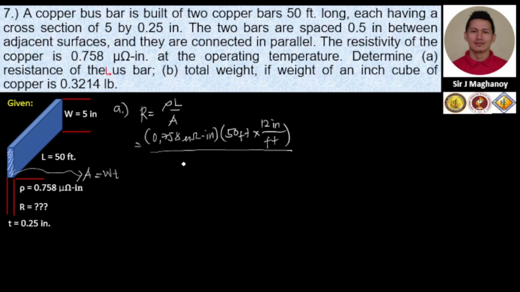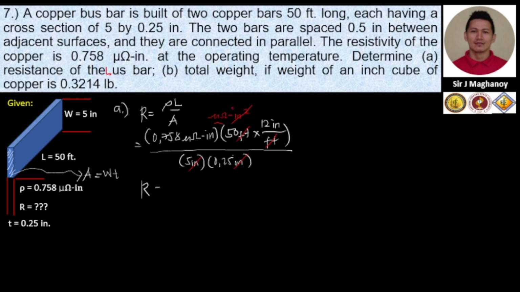So we substitute the value, that is 5 inch by 0.25 inch. Okay, so we do the cancellation of units. So our units here, 50 feet, will be converted to inch. Then our unit here will become micro-ohm, inch times inch is square inch. At our denominator side, we have square inch, so our inch will be cancelled out and our square inch will be cancelled out. So the remaining unit is micro-ohms.